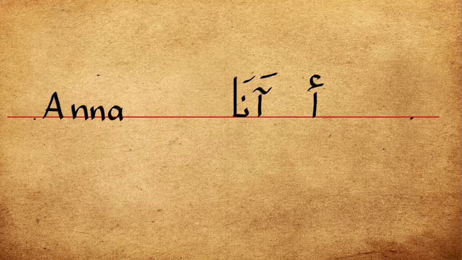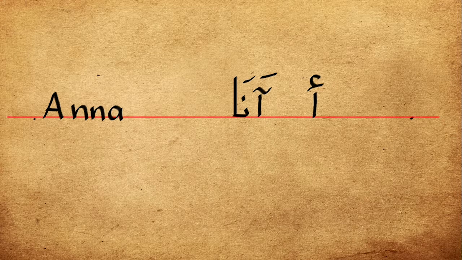Actually, when we have a glottal stop followed by alif, exactly like Anna. First, as I start pronouncing the name Anna, I start with a glottal stop, then I say alif. Anna.